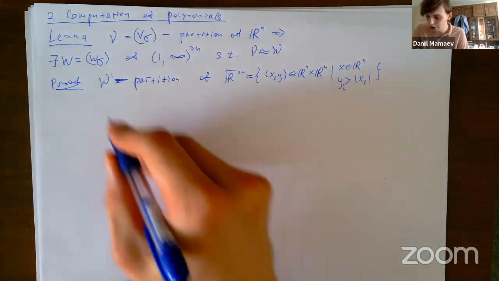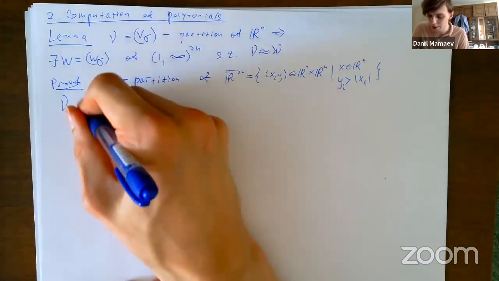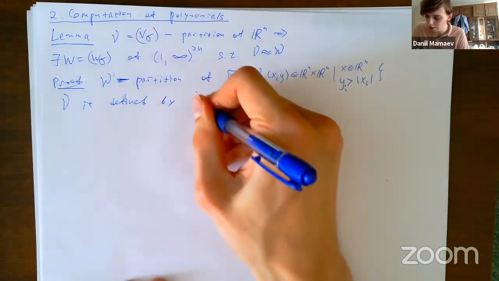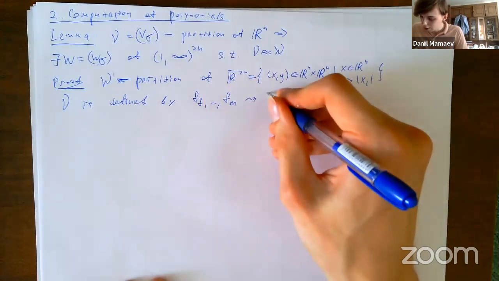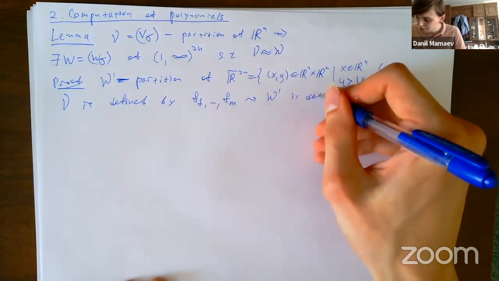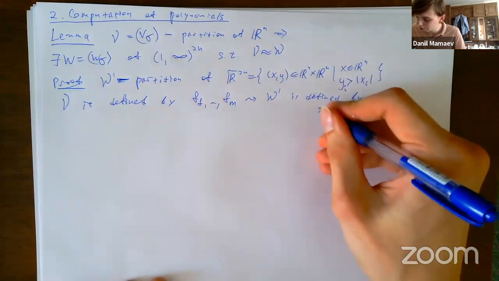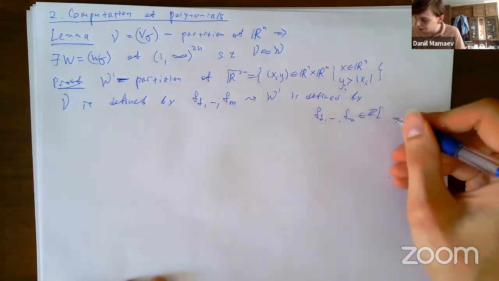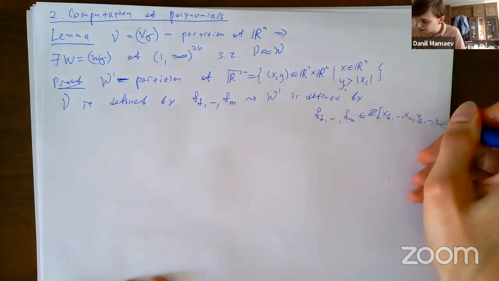And if our initial partition was defined by some polynomials f1, ..., fm, then this partition is defined by the same polynomials, but now we consider them as polynomials in variables x1, ..., xn, y1, ..., yn.